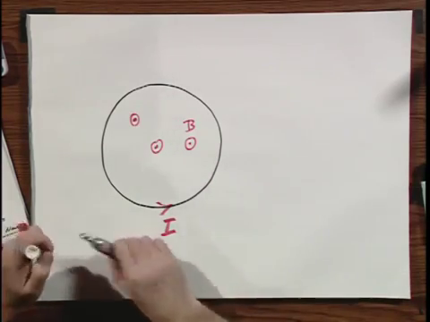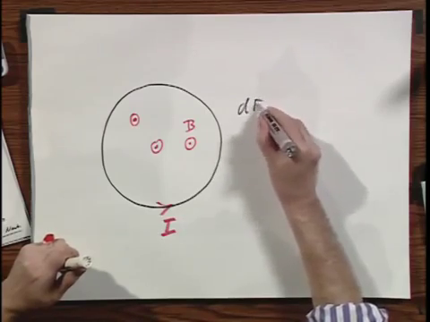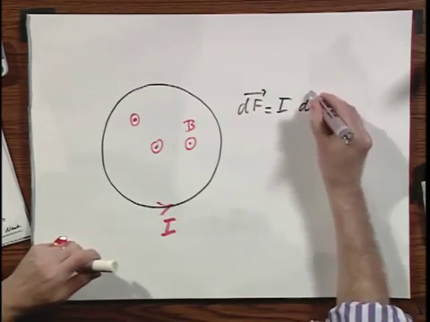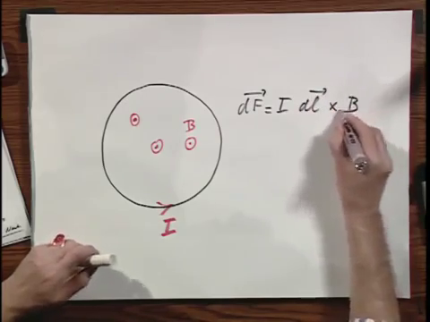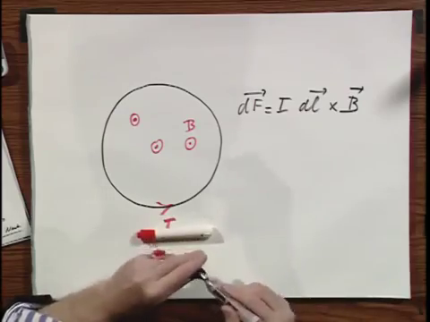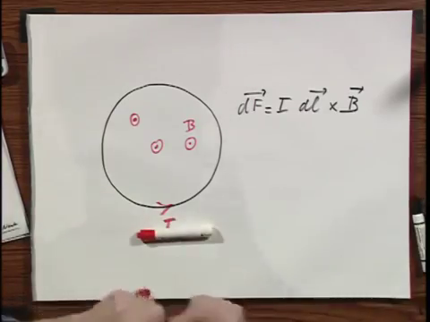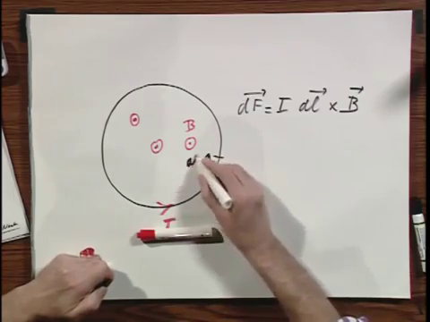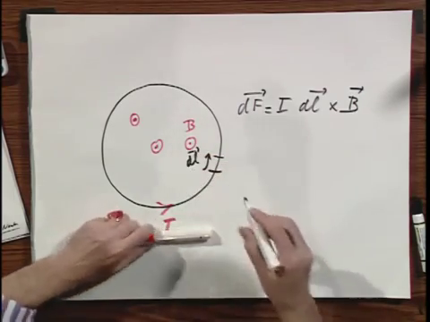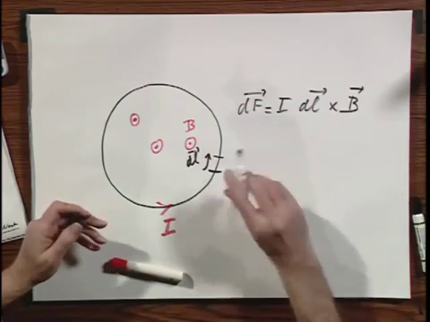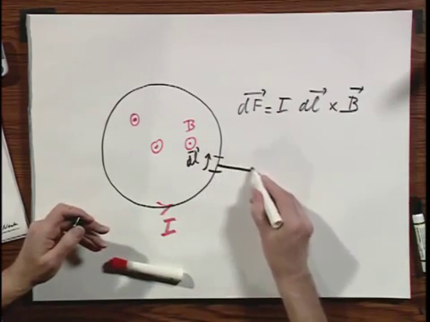Now we know that dF equals I times dl cross B. Here's a cross product. And so if I take here a little element dl, always in the direction of the current, then you can check for yourself that dl cross B is a force that is pointing outwards.